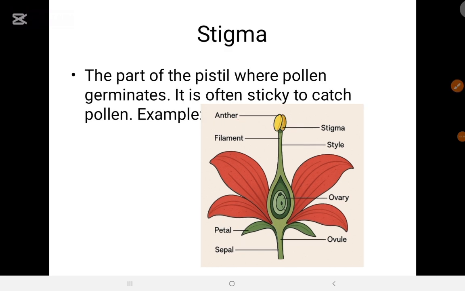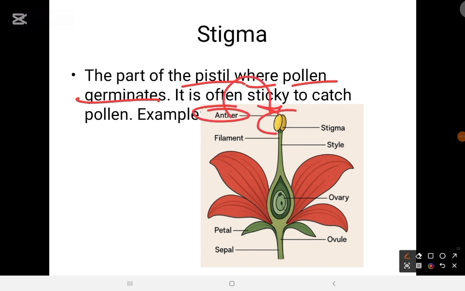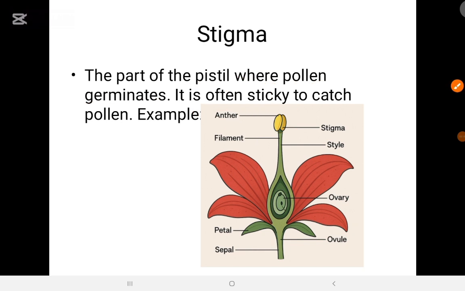Then the next one is the stigma, which, of course, is the part of the pistil where pollen germinates. So the pollen from the anther is going to be transferred to the stigma. Now, don't mind my flower here. The anther is supposed to actually be on a different stalk here that shows the filament, but my image is quite wrong.